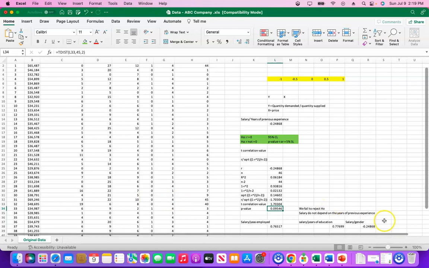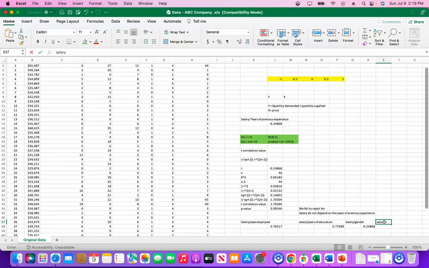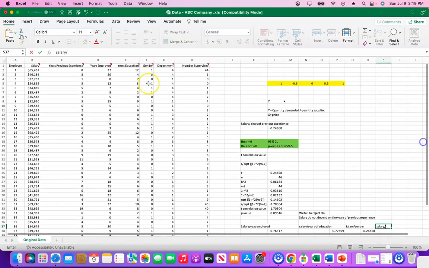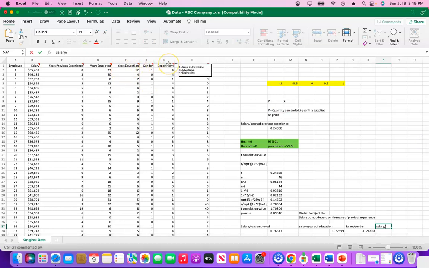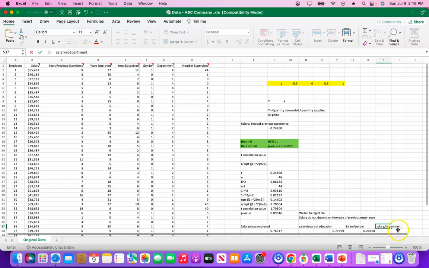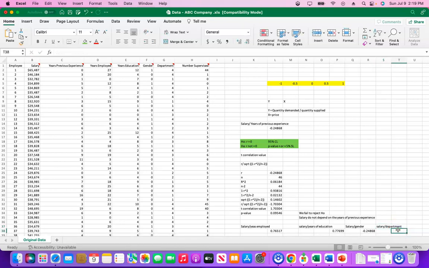Now we'll try one more. Let's look at salary and department. We'll stop there. We will try to find the correlation between salary and the department.